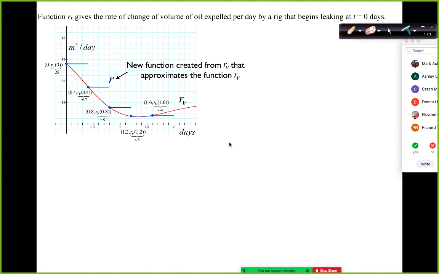So how do we find accumulation from rate? Where does our accumulation come from? What's the mathematics of getting an accumulated amount from a rate of change?